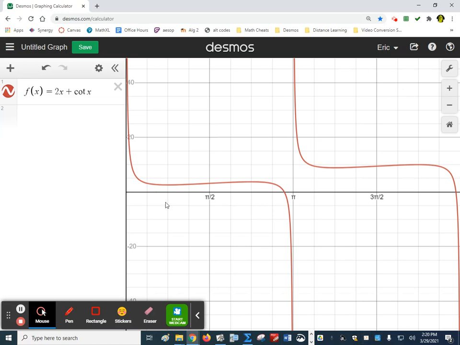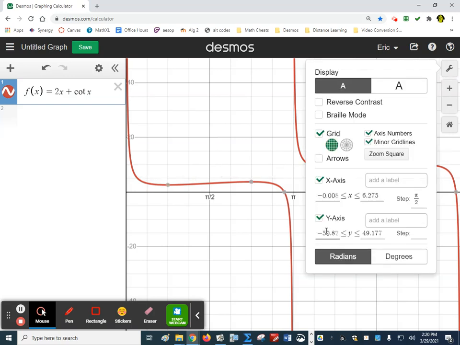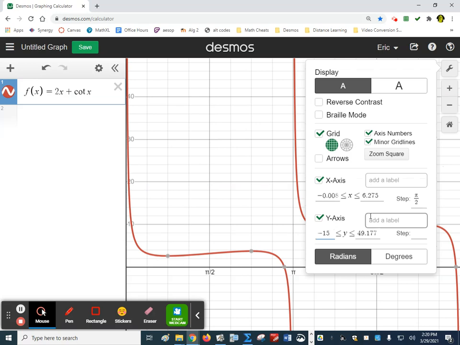That's not bad, right? We've got a minimum at pi fourths, a maximum at 3/4 pi, a minimum at 5/4 pi, and a maximum at 7/4 pi. I probably didn't need to extend that so far. How about negative 15 to positive 15?